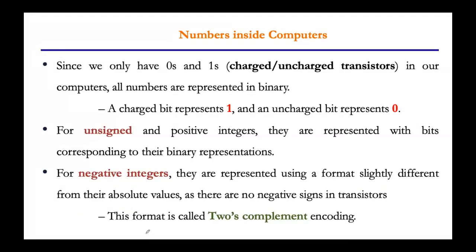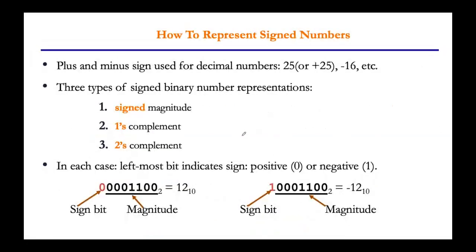So for that, we call this format two's complement. To represent negative numbers, two's complement is used for encoding. To represent signed numbers with plus and minus, decimal numbers such as 25 can also be written as plus 25 and minus 16, etc.